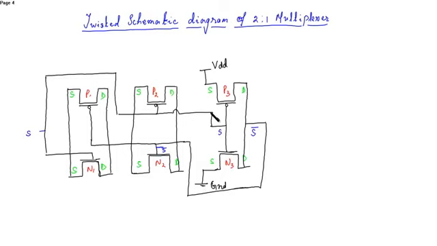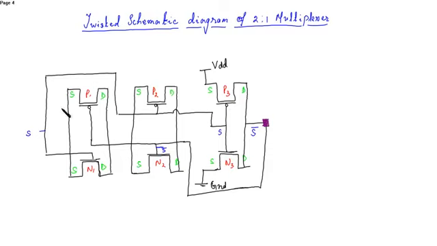Now you can see that there is an overlapping between the metal layer and the poly layer. This is poly to poly, but here there is an overlapping between the metal and the poly layer. So here you have to place a poly contact in the layout. I'm just showing here.